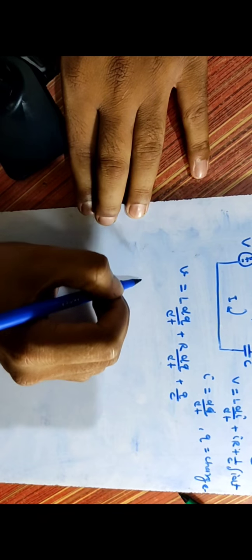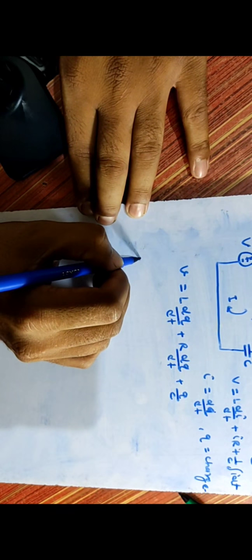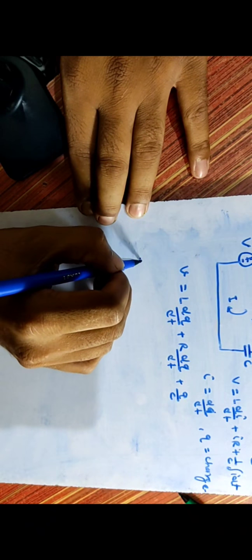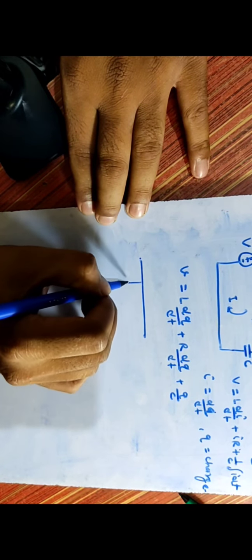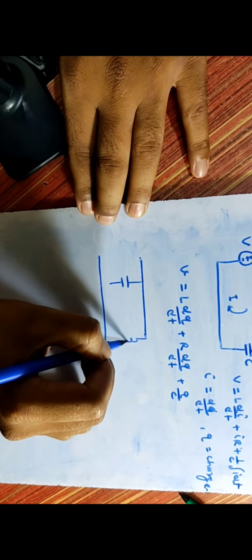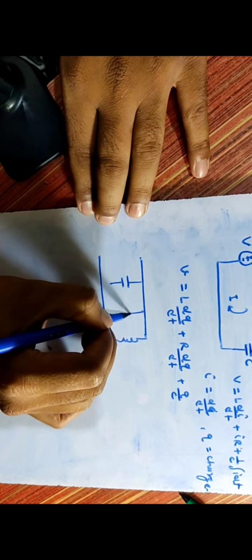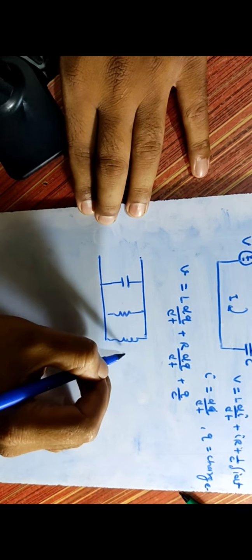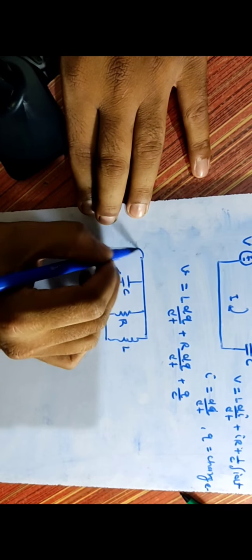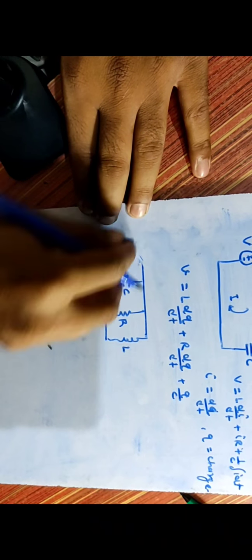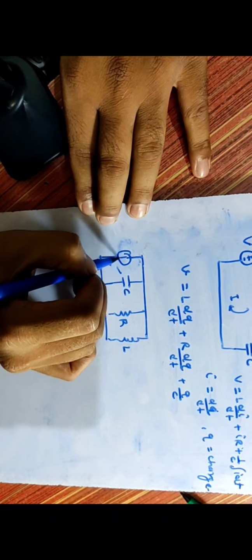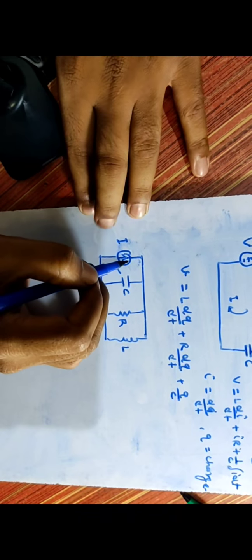Next, electrical systems look like this: this is the series system and this is the parallel system. Inductor, resistor, capacitor, with a current source.